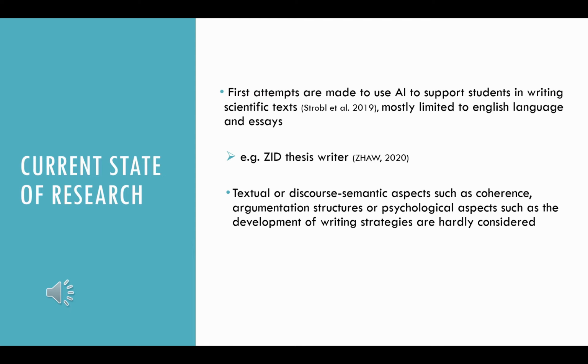Neither do they focus on psychological aspects such as the development of writing strategies. Nevertheless, specifically, these aspects are of high relevance when it comes to writing a good academic text, which is why currently AI tools are not that helpful for students writing academic papers yet.